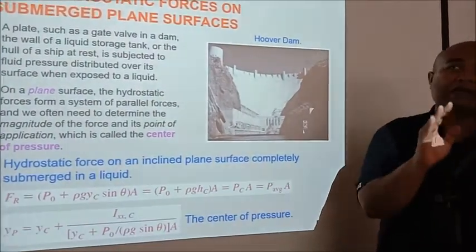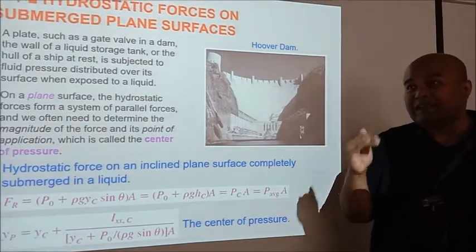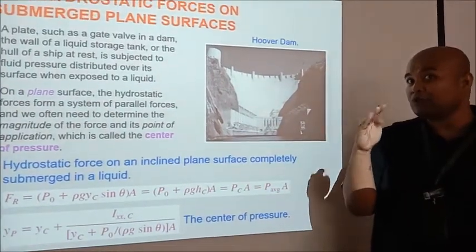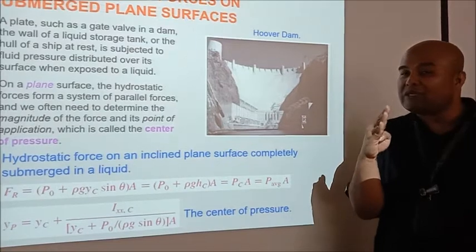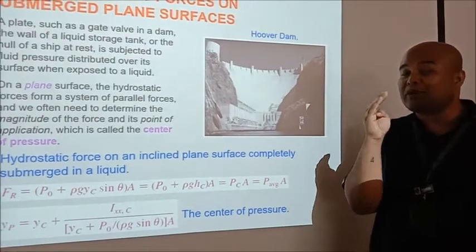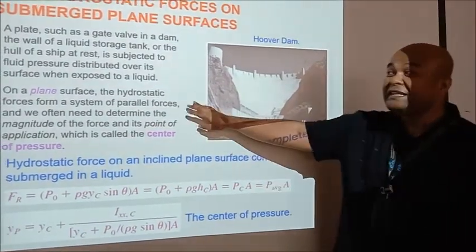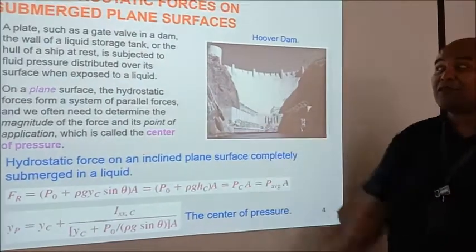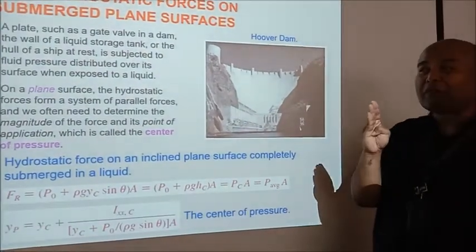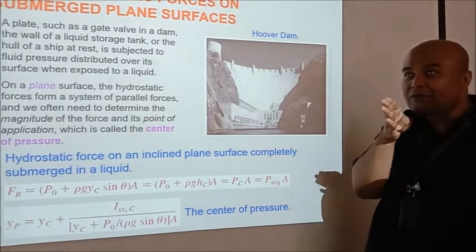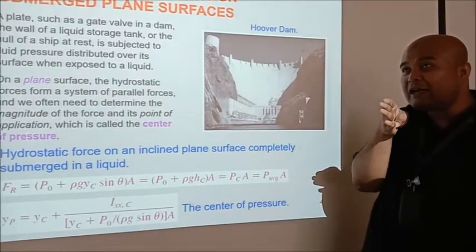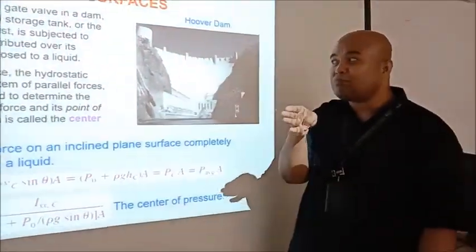Maksudnya permukaan yang mana-mana bersentuhan dengan fluid, dekat situ pressure akan acted onto the surface, introducing the pressure. Alright. On a plane surface, the hydrostatic force form a system of parallel forces. Parallel forces tu adalah daya yang bertindak normal ke atas permukaan.